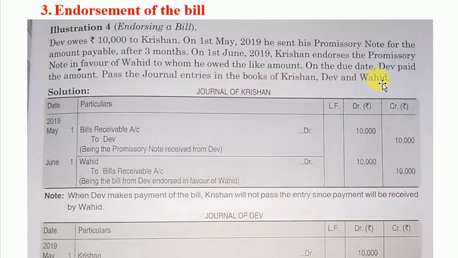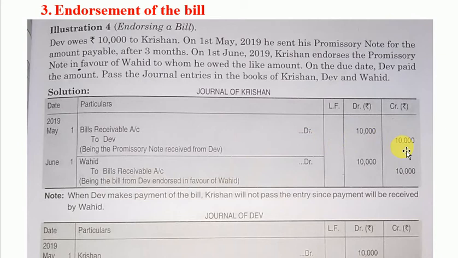Now, this question is asking us to pass entries in the books of 3 parties: drawer, drawee, and endorsee. So, Krishan is the drawer of the bill. He has drawn a bill of amount 10,000 for the time duration of 3 months in the name of Dev. So the entry in the book of Krishan, the drawer, on May 1 goes: bills receivable account debit to Dev, being the bills receivable drawn on Dev, 10,000.